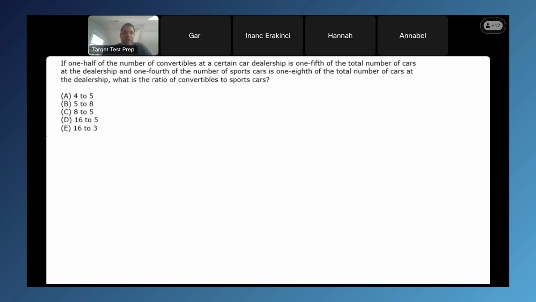You do have to set up this equation here: 1/2 convertibles is equal to 1/5 total, right? And 1/4 sports cars is equal to 1/8 total, total being the common term here. So you could say, hey, I'm going to make T 40 because that's the LCM of 5 and 8, so it evenly divides.